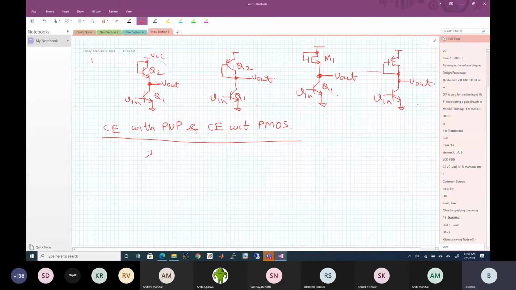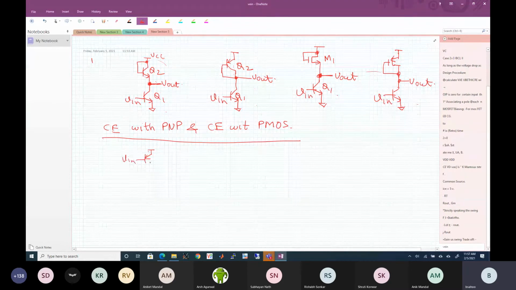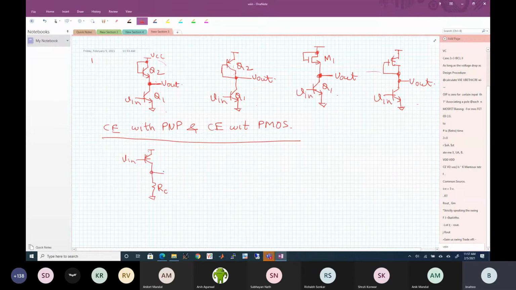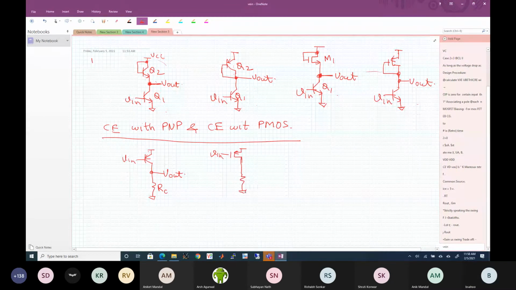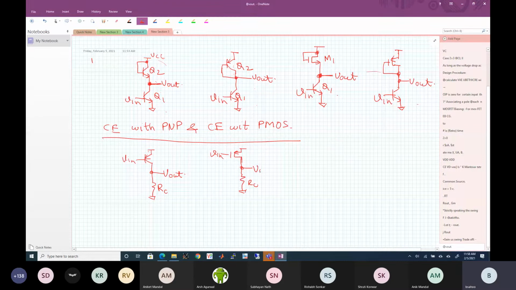So emitter is common. So that means V in will be applied here. Collector output will happen. RC will come here. Similarly for a PNP, you do it like this. V in, RC, and V out. Okay.